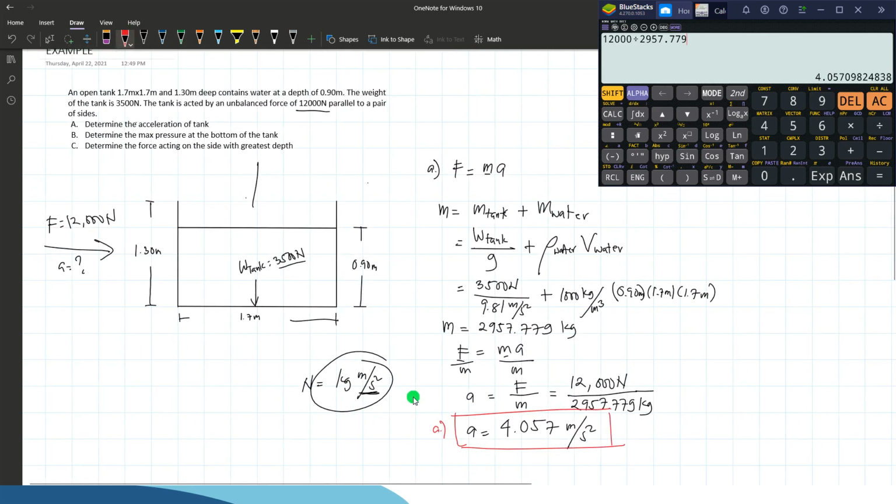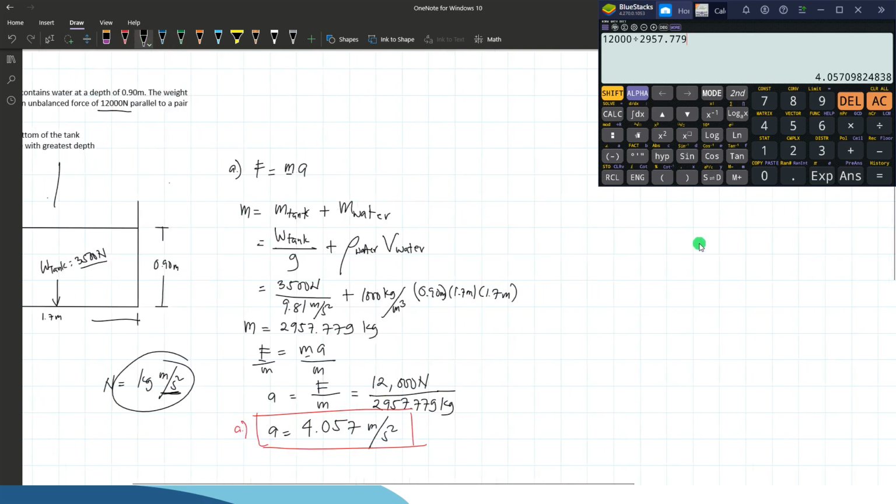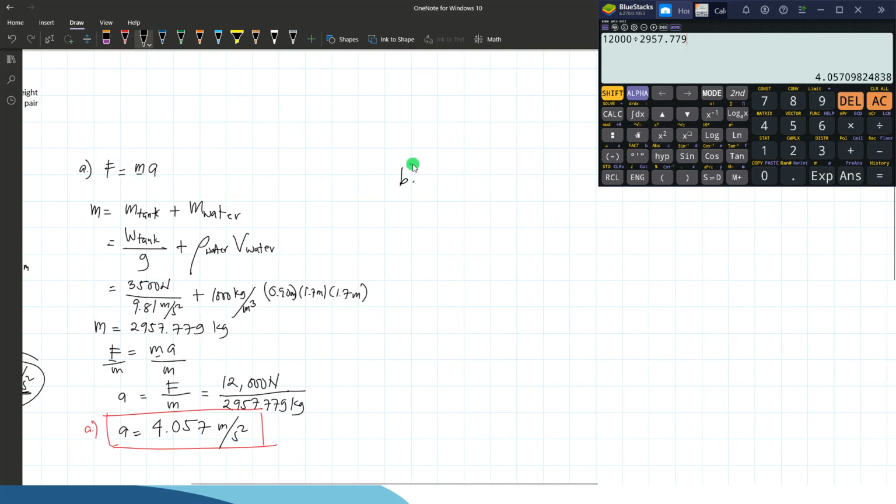Letter B, determine the maximum pressure at the bottom of the tank. So when the vessel moves, let's draw the figure, and the liquid surface will tilt.